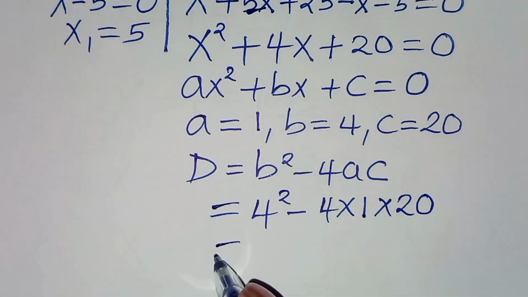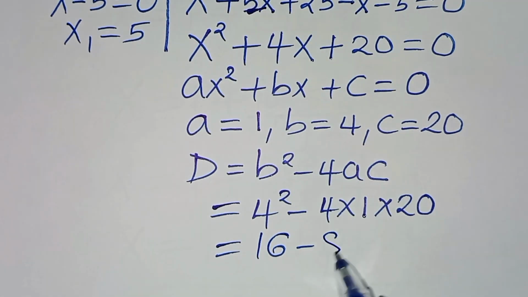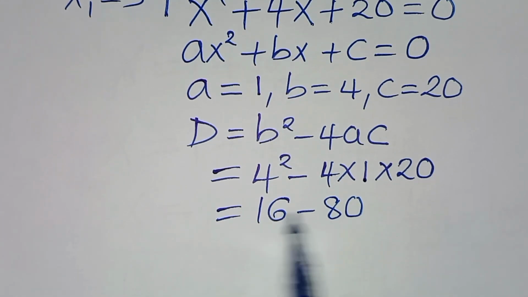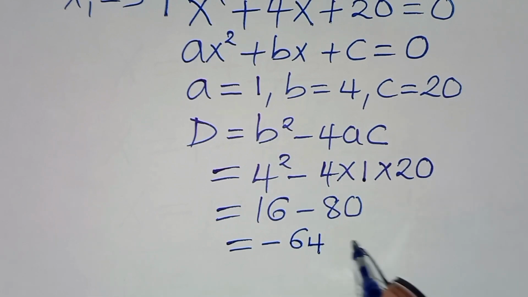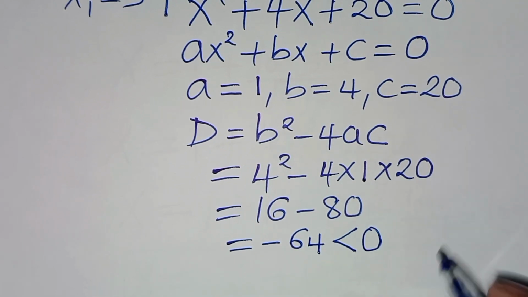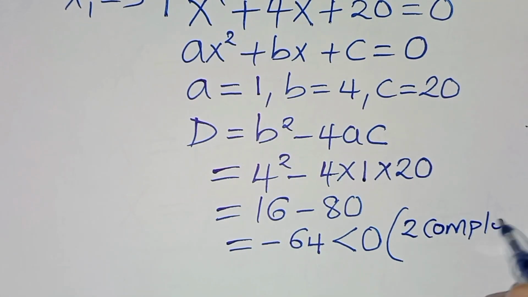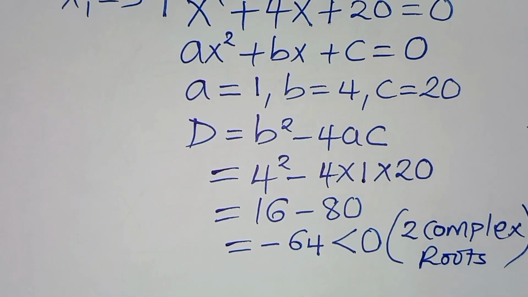This implies that 4 squared is 16, subtract 4 times 20, which is 80. So 16 minus 80 is equal to negative 64, which is less than 0. And this implies that we have two complex roots.